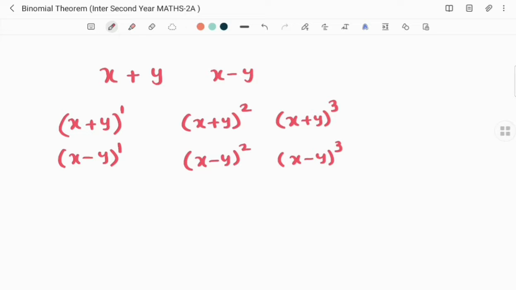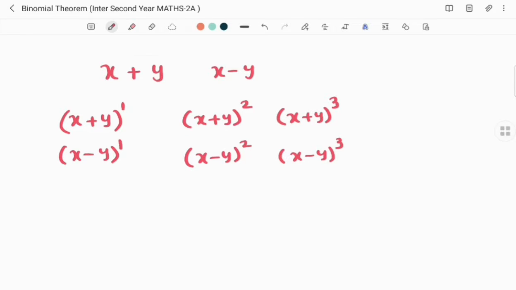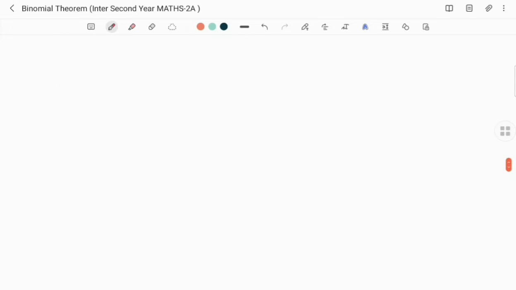In binomial expansions, the coefficients will come. For example, x plus y whole power 1 is just x plus y.